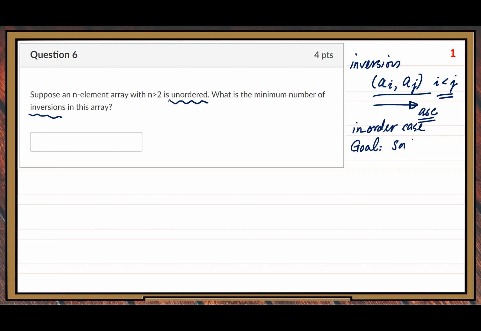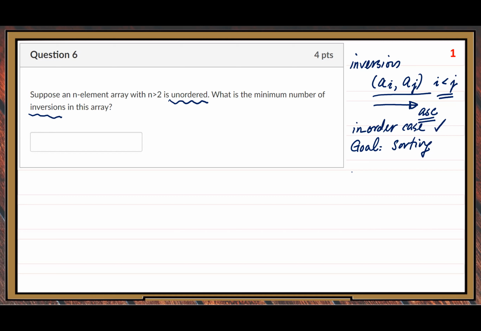For sorting. Because if it's the in-order case, then we do not need to do sorting work. Already in order, why do we need to do sorting work? Only when it is not in order do we need to do sorting work. That's the reason we introduced this concept.